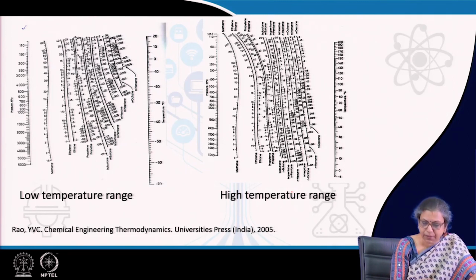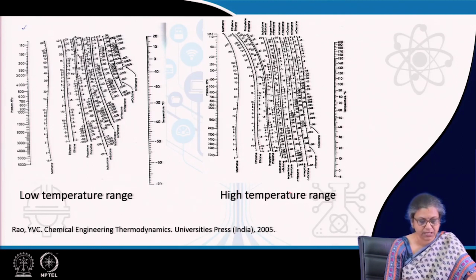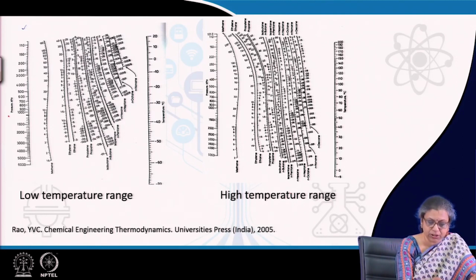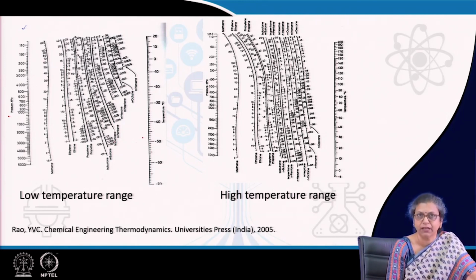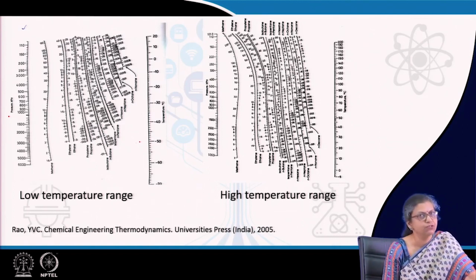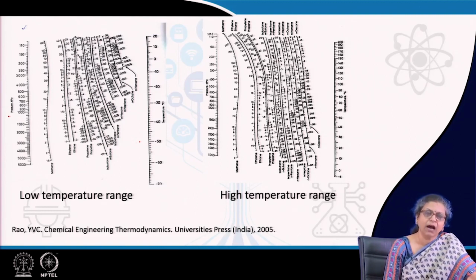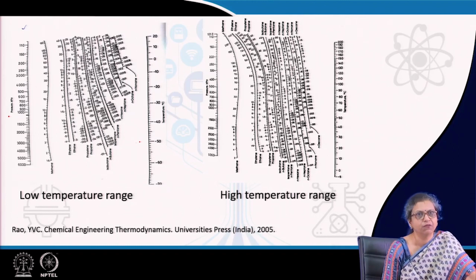Typical K values have been shown in this slide, where if you know the pressure and the temperature, you can very easily find the K values for the different hydrocarbons. Once you have the K values, you can find the alpha values and generate the vapor liquid equilibrium data.